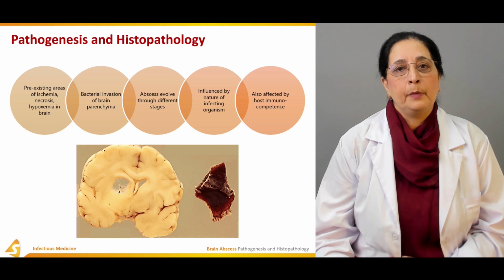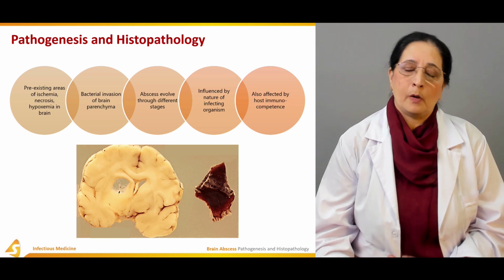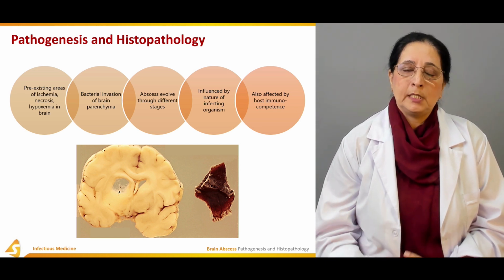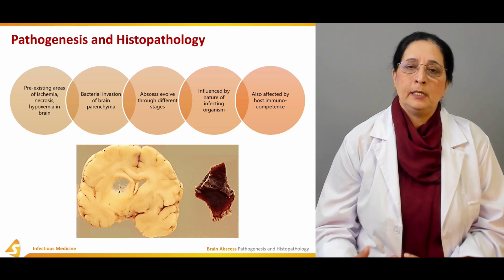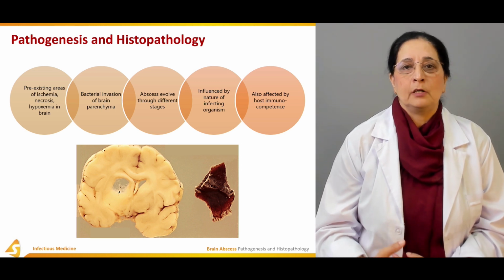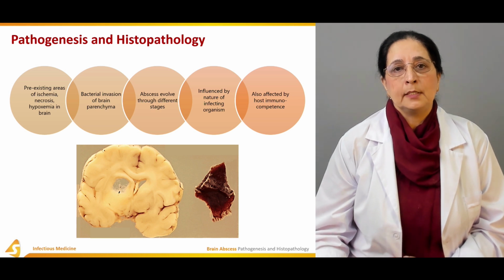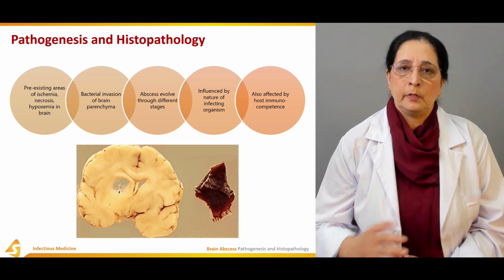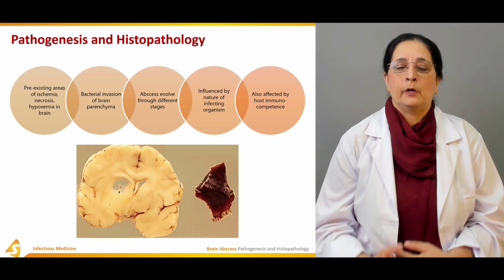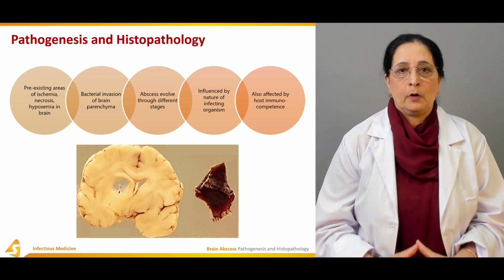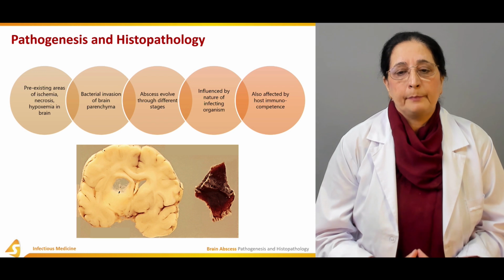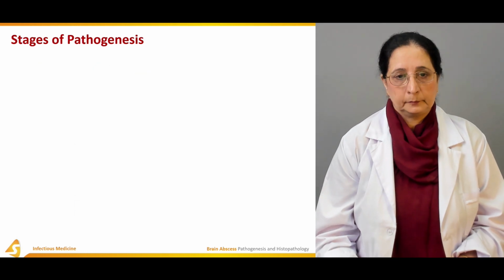It is also affected by host immune competence. If the immune system is weak, then even microorganisms which are not very pathogenic can cause an abscess or disease process. So the immunity of the patient is very important in the pathogenesis.